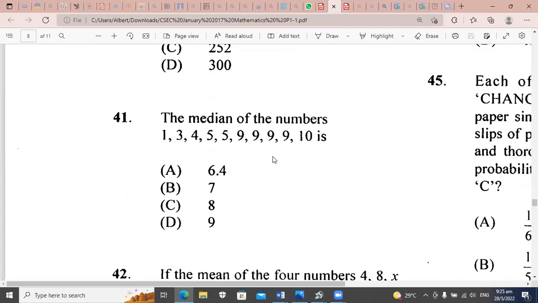So you said that the median is the middle one. Right.